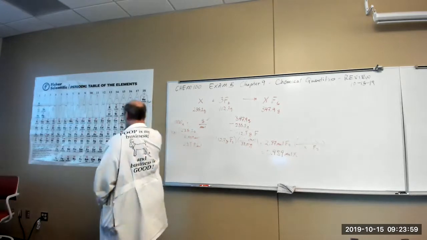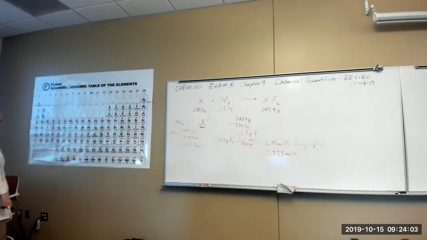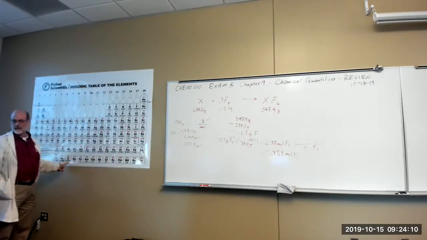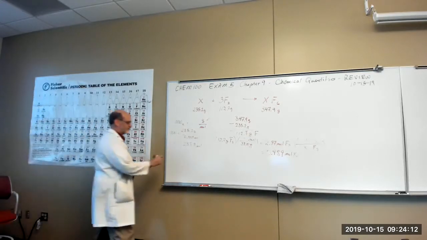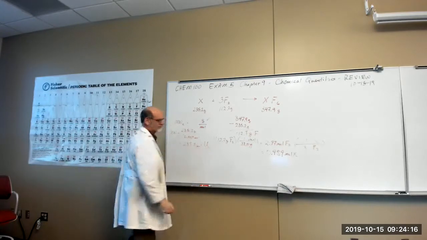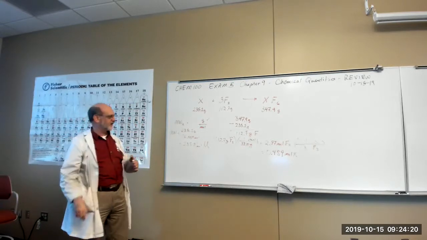So you just look on the chart, see if you find something that's close to 238. It's going to be down here close to the bottom, isn't it? How about uranium? Okay. We identified the unknown.